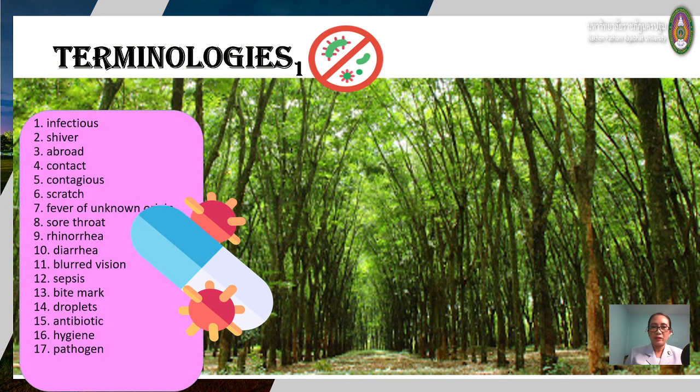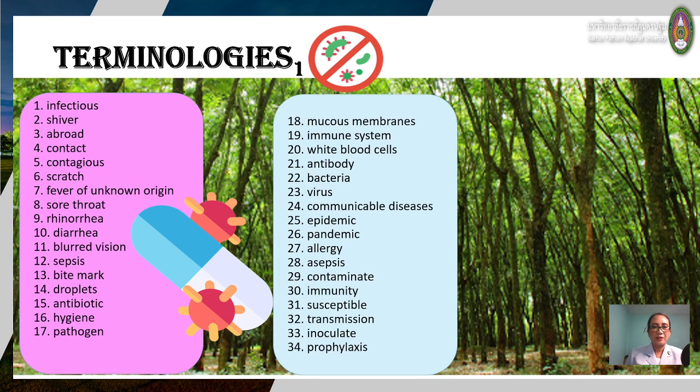Right. So first we'll go to the terminology. So we have infectious, shiver, abroad, contact, contagious, scratch, fever of unknown origin, sore throat, rhinorrhea, diarrhea, blurred vision, sepsis, bite mark, droplets, antibiotic, hygiene, pathogen, mucous membranes, immune system, white blood cells, antibody, bacteria, virus, communicable diseases, epidemic, pandemic, allergy, asepsis, contaminate, immunity, susceptible, transmission, inoculate, and prophylaxis.